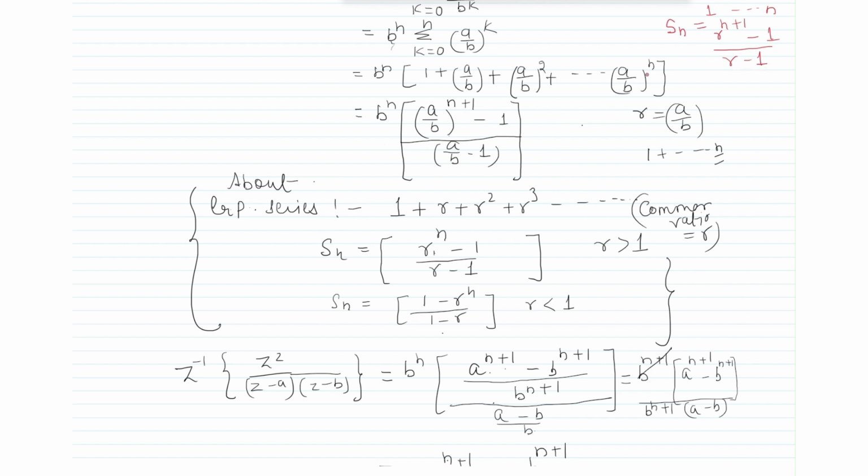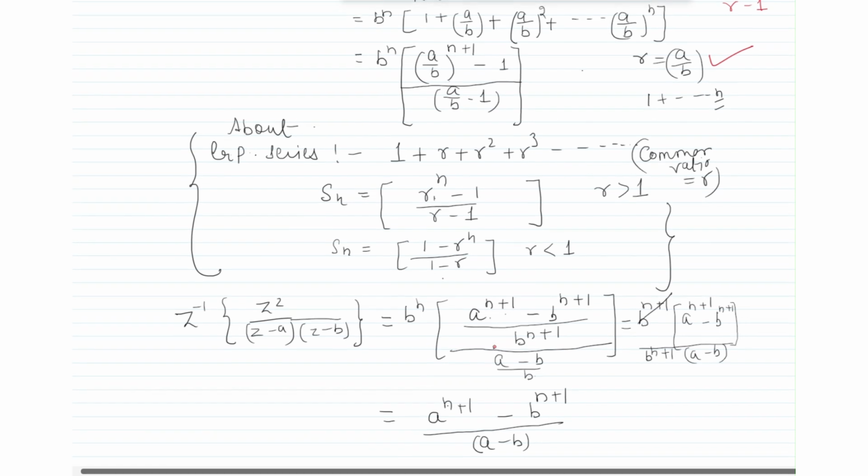So what is the common ratio here? The common ratio: a by b divided by 1 is a by b, a by b square divided by a by b is a by b. So the common ratio here is a by b. Putting the value of r here, we get a upon b to the power n plus 1 minus 1 upon a by b minus 1. So we'll get something here.